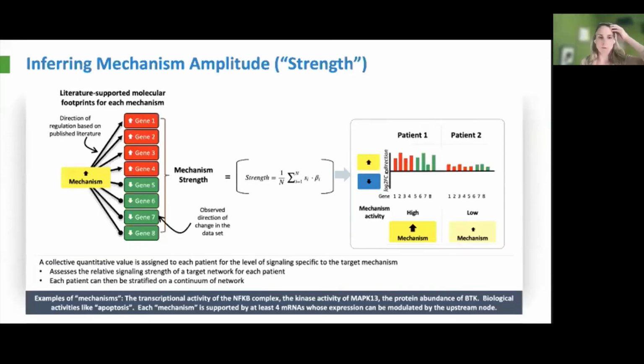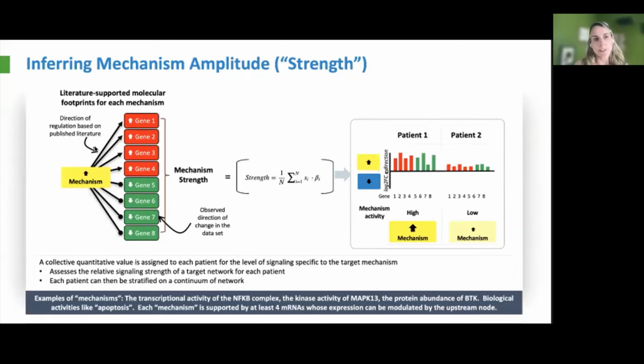But like I mentioned before, we do have a riff on this method to be able to infer mechanism amplitude or strength of signaling. The way this is done is what we call semi-quantitative reasoning.